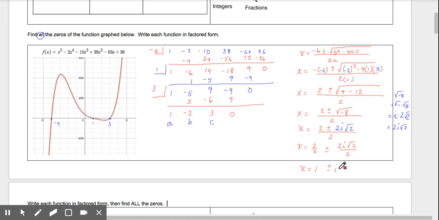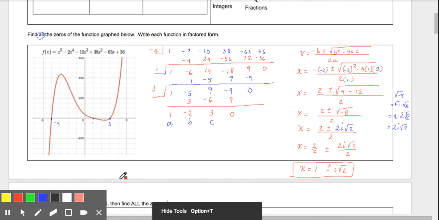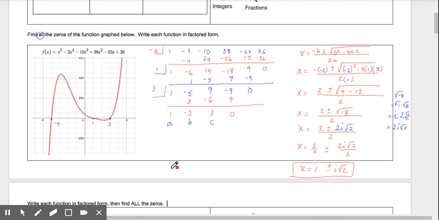So i square root of 2. Now we found the last two zeros of f of x. So here are the 3 rational zeros, and these 2 zeros right here are imaginary zeros.